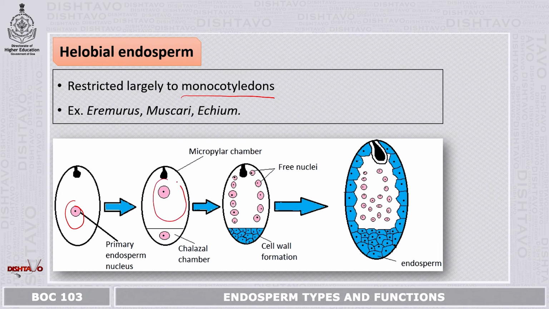You can see over here the larger micropylar chamber and a smaller chalazal chamber. After which, in the micropylar chamber, the divisions which occur are not followed by wall formation. Whereas in the chalazal chamber, the divisions which occur are followed by wall formation. So here, helobial endosperm is a combination of both cellular and nuclear.